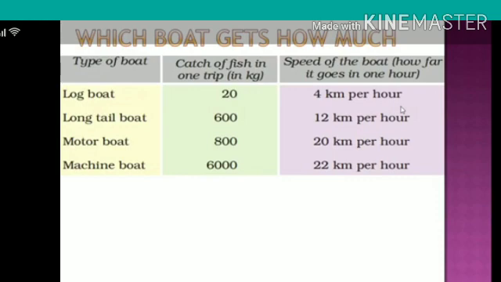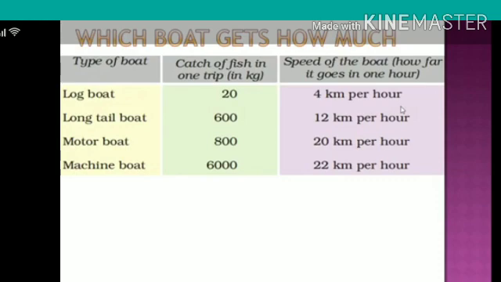Now see the third column. In the third column, the speed of each boat is given. Log boat, the speed is 4 kilometers in 1 hour. Long tail boat, 12 kilometers in 1 hour. Motor boat, 20 kilometers in 1 hour. And machine boat, 22 kilometers in 1 hour.